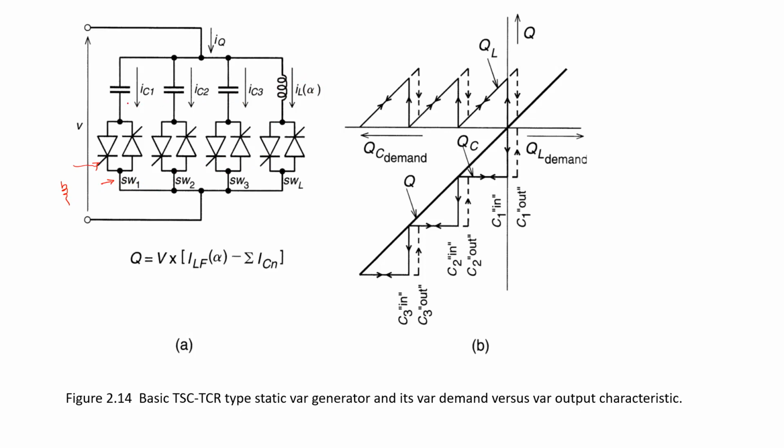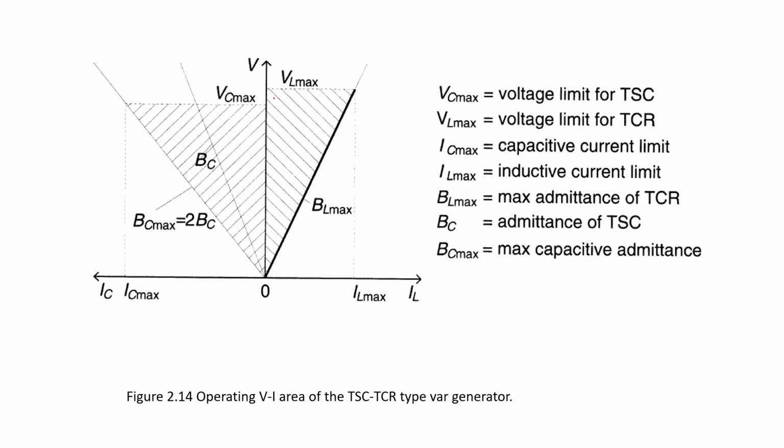In the previous case, it is not possible to control the capacitor current, but here it is going to be controlled, though in a step manner, whereas the inductor is controlled in a smooth manner. So the VI characteristic is shown only for two capacitors. It may be 3 or 4. So this is one, say this is C1, then C2, then C3.